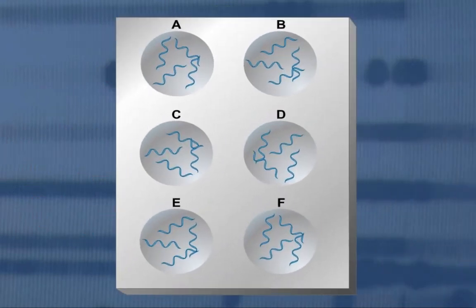The cDNAs complementary to the type A mRNAs will hybridize with the DNA spot in the array that contains DNA complementary to the type A cDNA. Likewise, the type D cDNA will only bind to the DNA in the spot labeled D, while the type F cDNA will only bind to the spot labeled F.